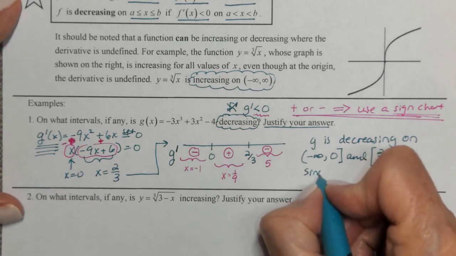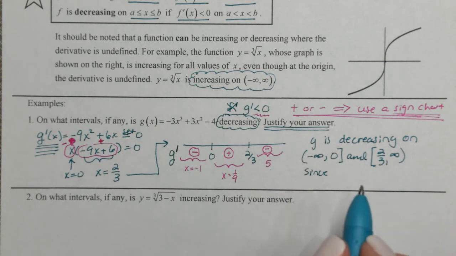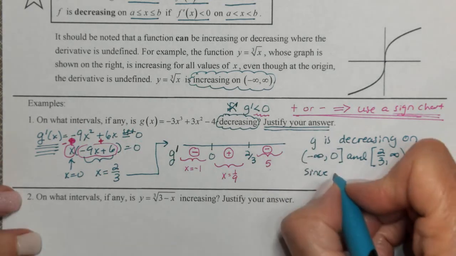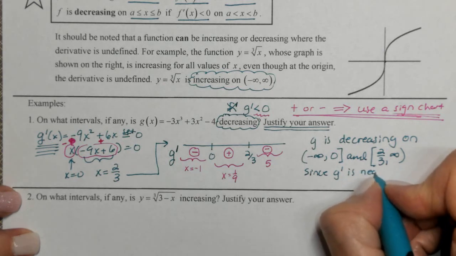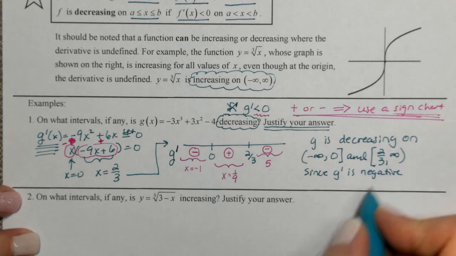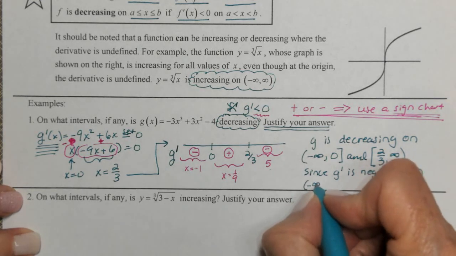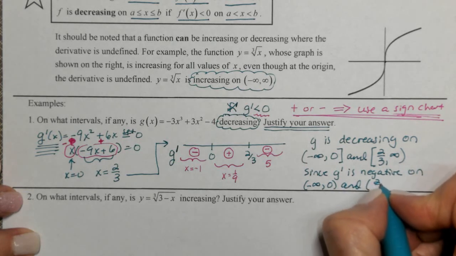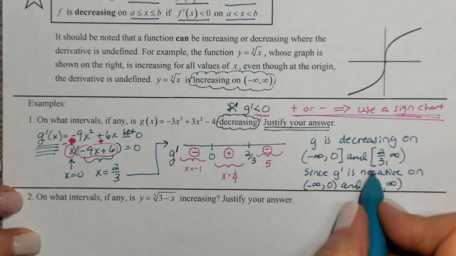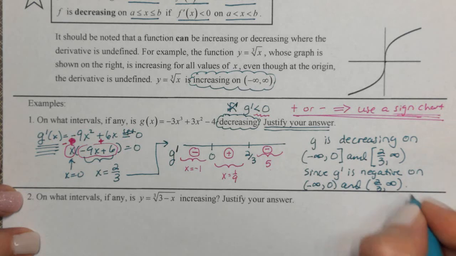Since we had to justify, I want to give a since g prime is negative. You could have just said g prime is less than 0 on negative infinity to 0 and 2/3 to infinity, not including those because right at 0 and right at 2/3, g prime is 0. Okay?